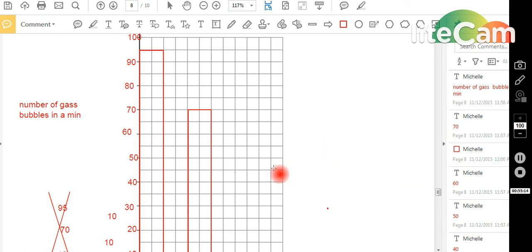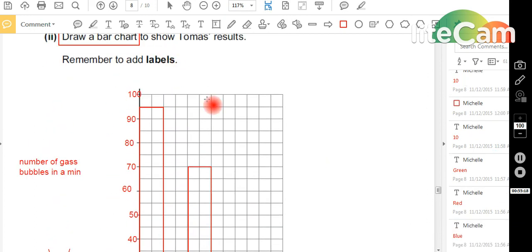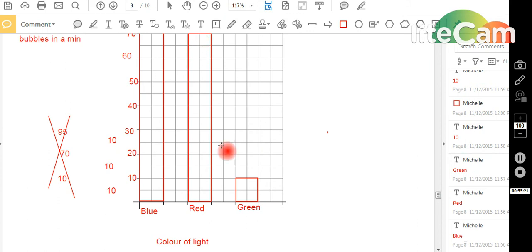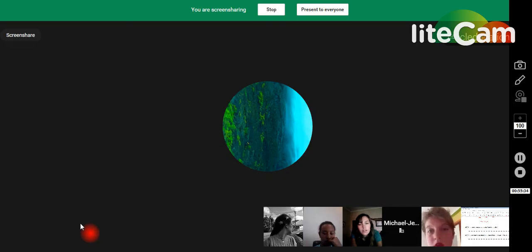Now we know that the blue light released the most bubbles, the red light was in between, and the green light released the least bubbles. So what conclusion can we come to if we look at this? Anyone that wants to take a chance?